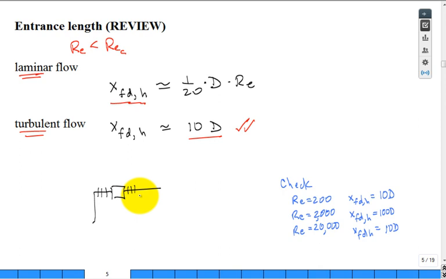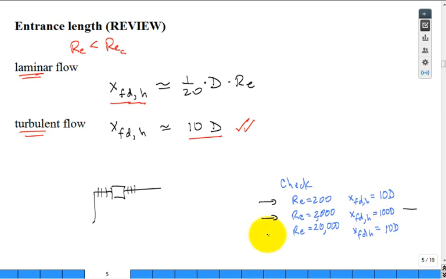Anyway, let's use these two equations. Somebody says, the Reynolds number is 200. How many diameters do I need to become fully developed? Well, you say, hey, that's laminar. I'll use the first equation, and you find, oh, it's 10 diameters. Then somebody says, no, the Reynolds number is 2,000. It's just laminar. It's close to being turbulent. And I find out I need 100 diameters.